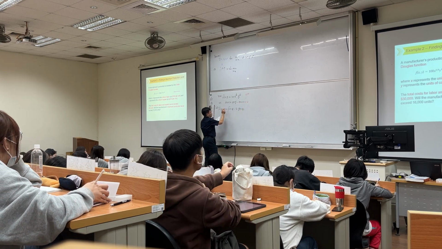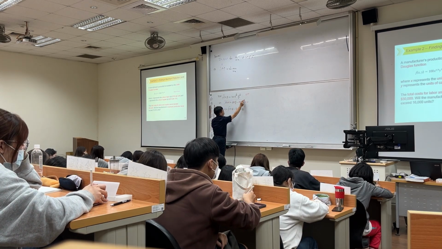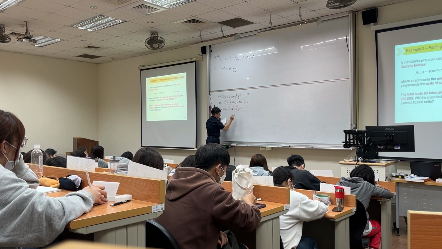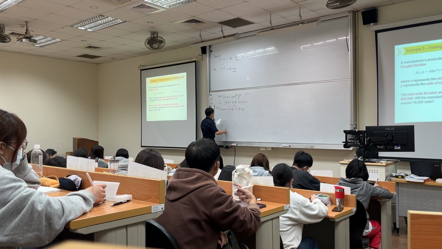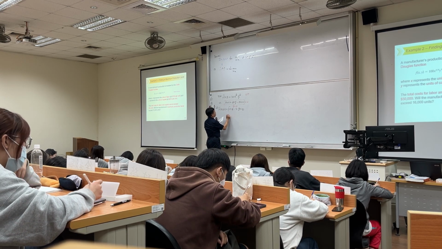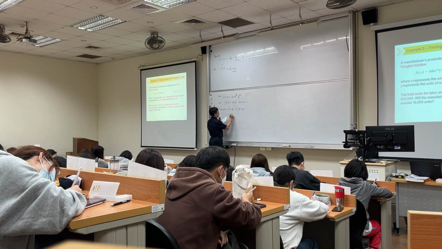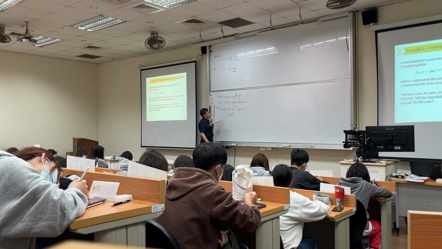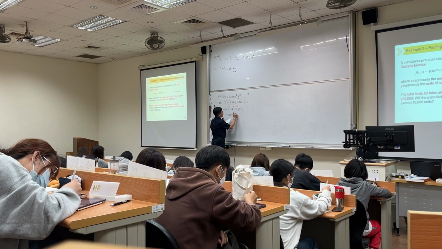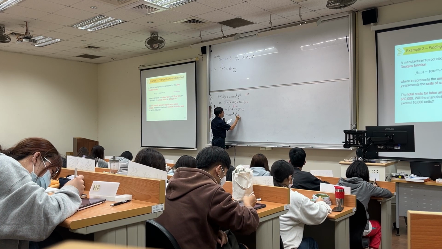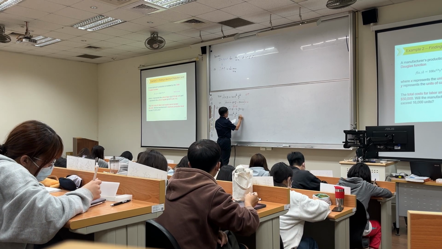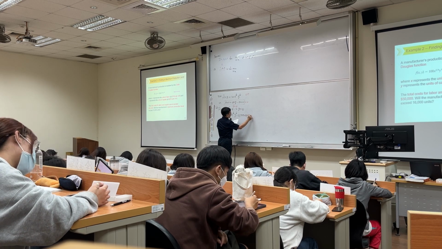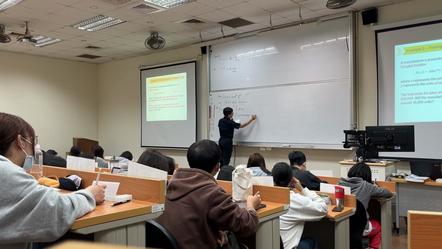That will be your g function. So it's equal to 100 x to the 0.75 y to the 0.25, minus lambda times (150x plus 250y minus 50,000).